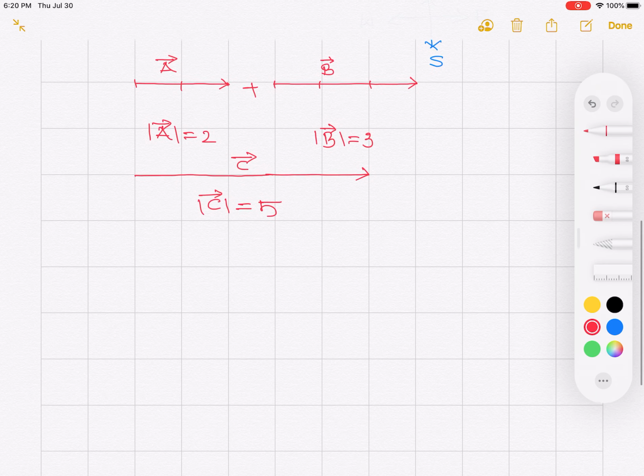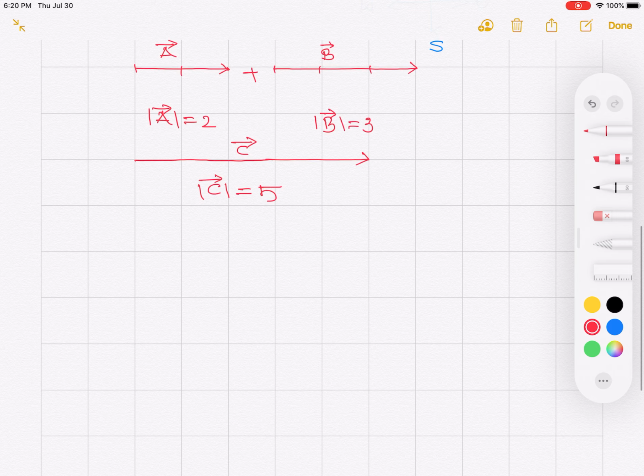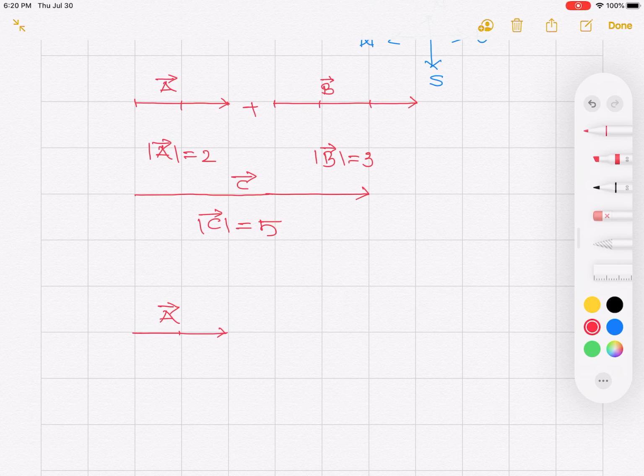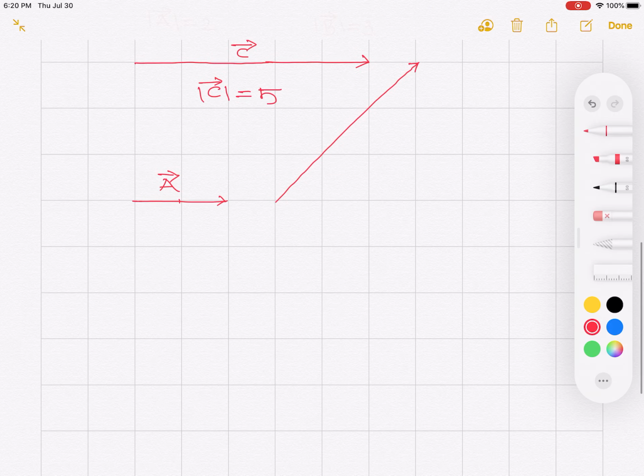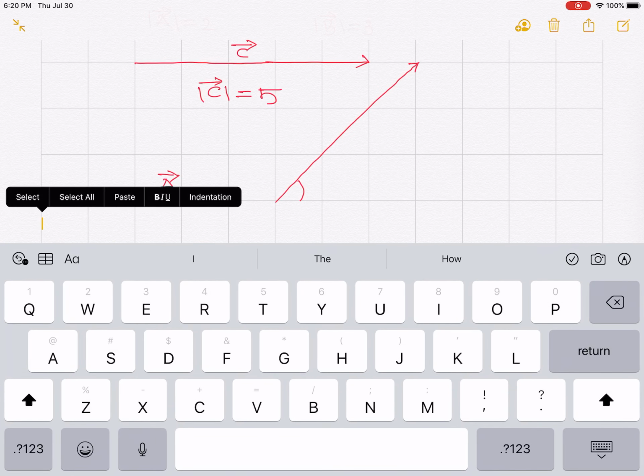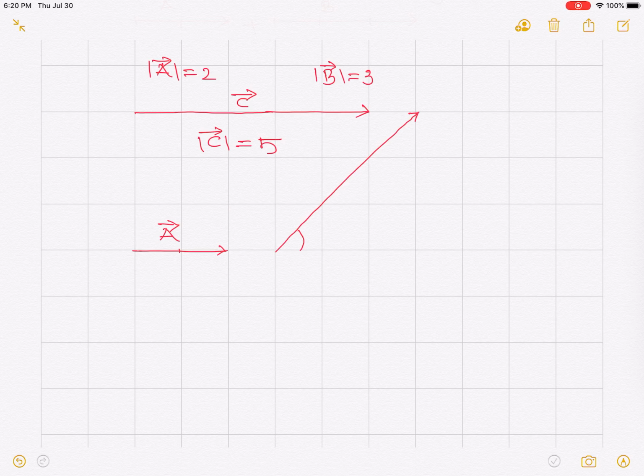Okay, I will make this one slightly complicated. Now this one is A again, 2 units east, but now I will make a vector B at a certain angle. Suppose I take a random angle, say 45.